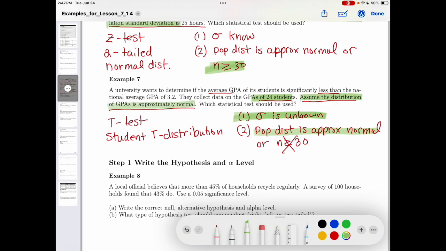So we can definitely use a t-test. We check to make sure it met all the conditions. We're using the student t-distribution, and because we want to check to see if it's less than the national average of 3.2, we're going to use a left-tailed test.